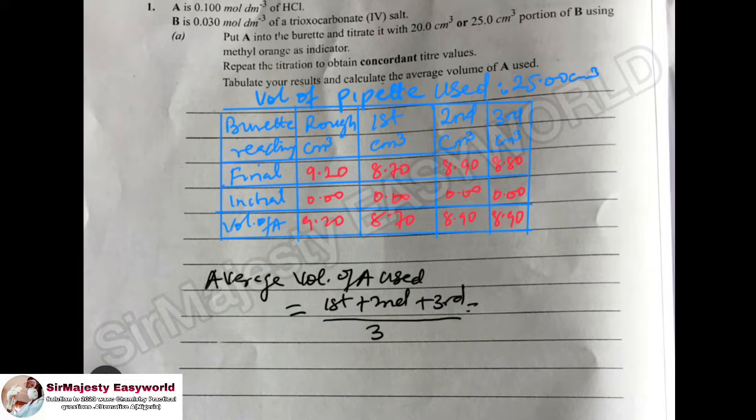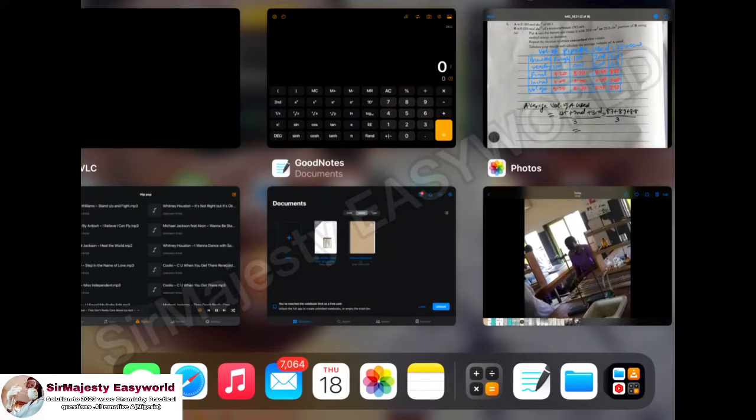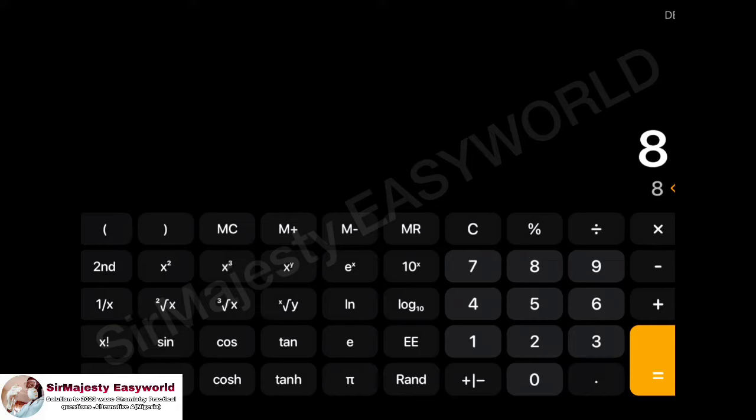Then to substitute the values, we have 8.7 plus 8.9 plus 8.8, all divided by 3. So let's just use the calculator to be sure. 8.9 plus 8.7 plus 8.7, and what is here is becoming 9 unnecessarily.